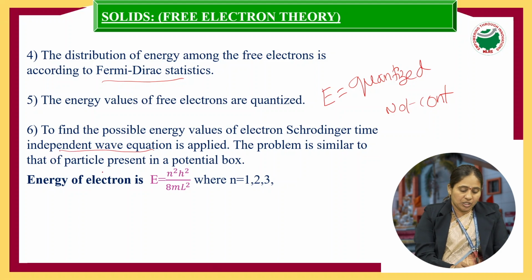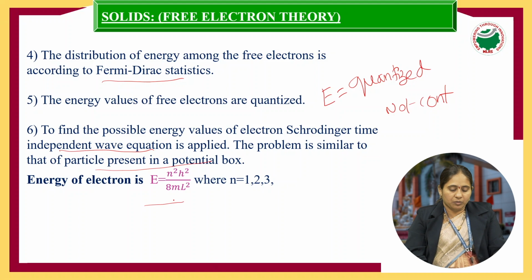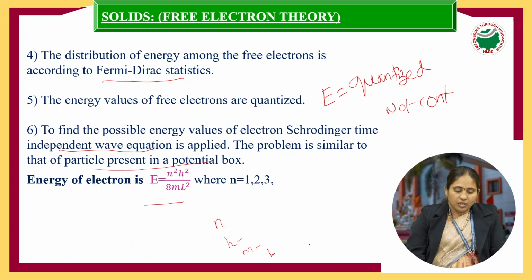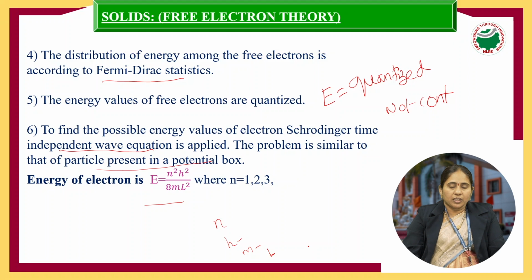For a particle in a potential box, the expression we get from quantum physics is E equals n squared h squared by 8 m L squared, where n is the quantum number, h is Planck's constant, m is the mass of the electron, and L is the width of the box or width of the potential well. So these are all the assumptions made by the quantum free electron theory.